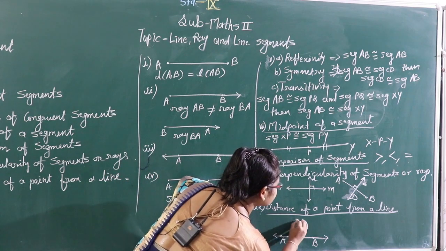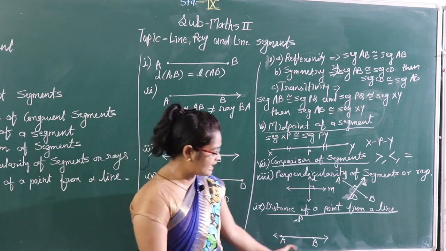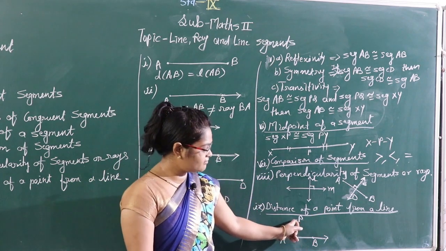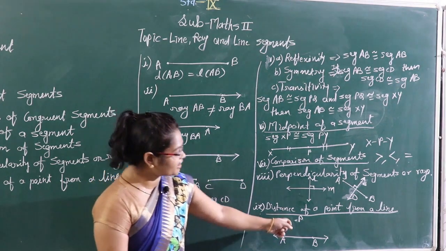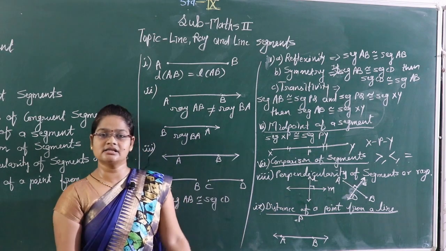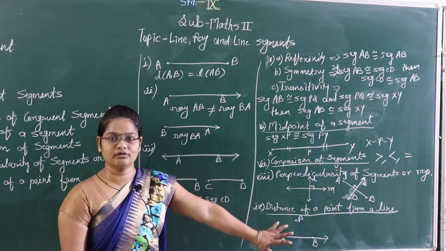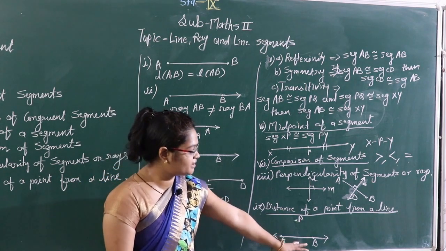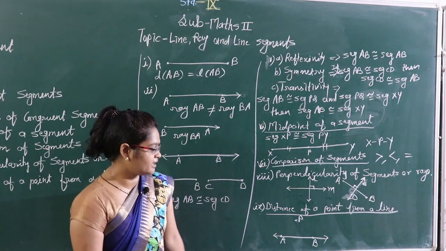Let that point be P. Suppose the line is AB, and we have to find the distance of point P from line AB. Now how to find the distance? We have only one line and one point, and we have to determine the distance between point P and this line AB.